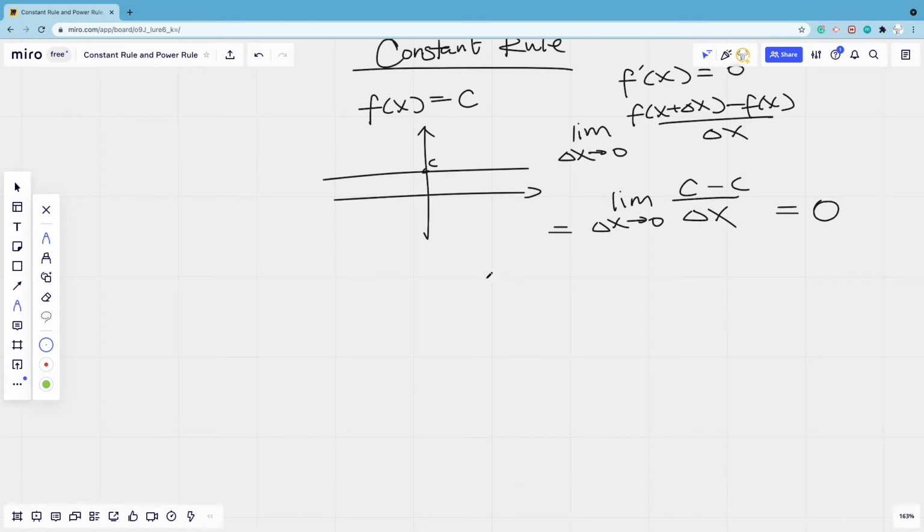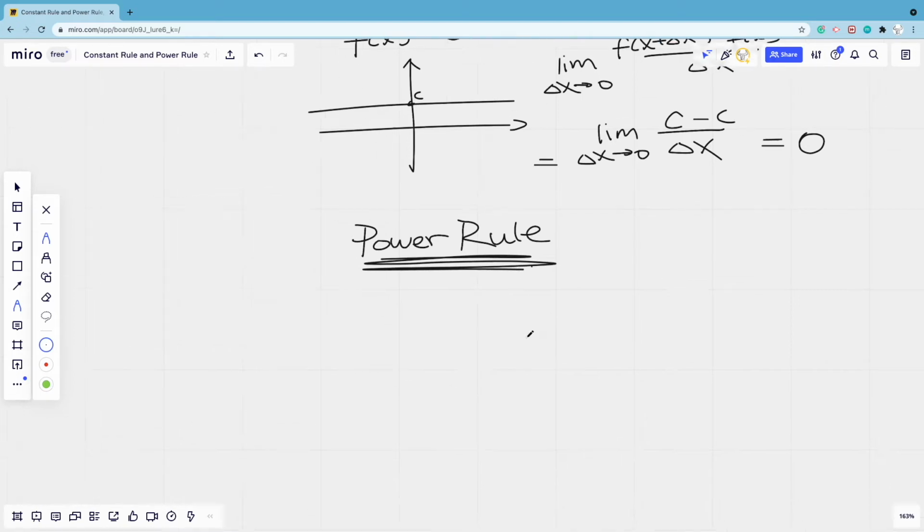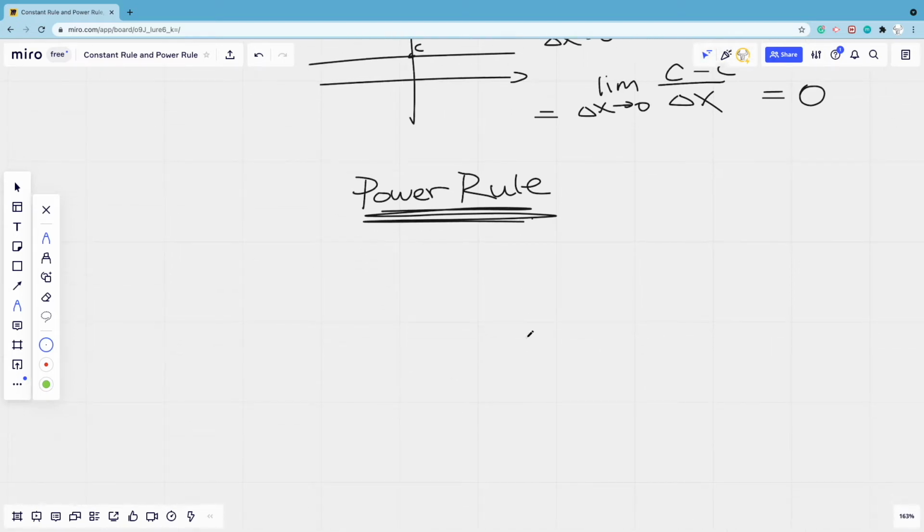And this rule actually isn't really powerful, and so we're going to introduce you to the second one, which is the power rule. It is a very, very useful and powerful method that you can employ when deriving derivatives.